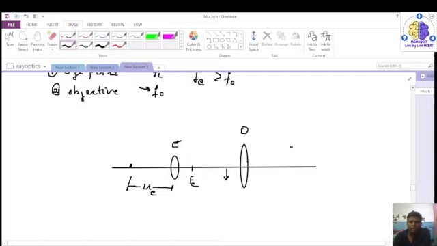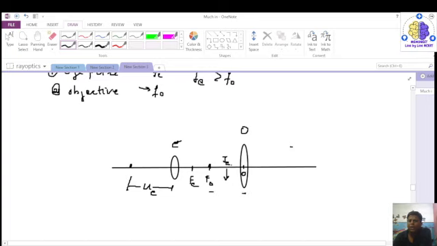So the arrangement is adjusted in such a manner that the image formed because of the eyepiece falls between the focus and the optical center of the objective lens, right? Now this image is falling between the focus of the objective and the optical center of the objective.